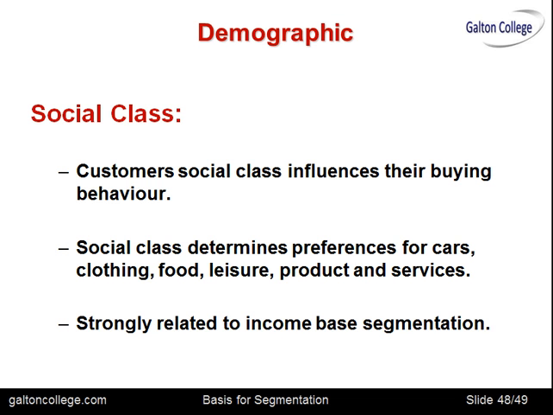So social class, people who are in top management will have requirements for certain cars, certain houses, certain lifestyles, certain holidays. People unskilled will have perhaps a demand for different types of cars, smaller houses perhaps, and different holidays again. So the social class may be used as a basis for segmentation also.